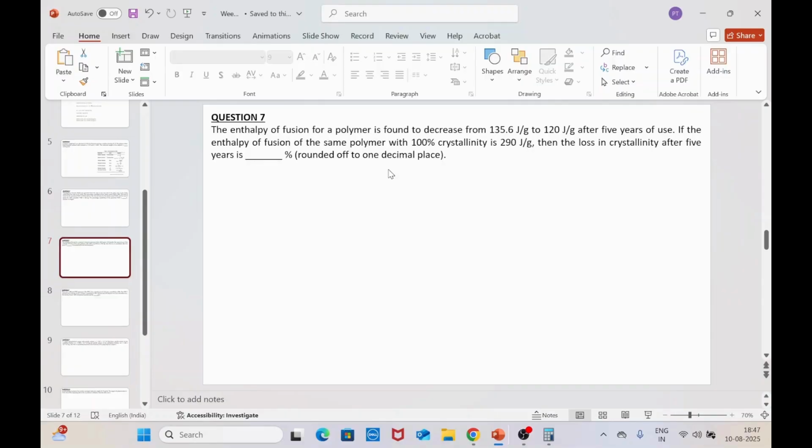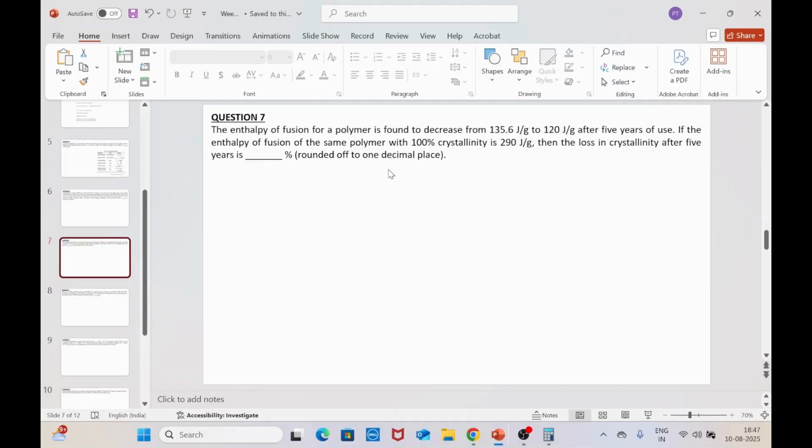So you have a polymer whose enthalpy of fusion is initially 135.6, and the enthalpy of fusion of that same polymer at 100% crystallinity is 290. What it means is that the polymer you have is not 100% crystalline, because the enthalpy is less, so crystallinity will be reduced.